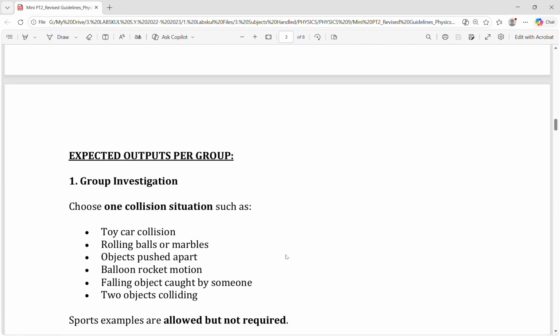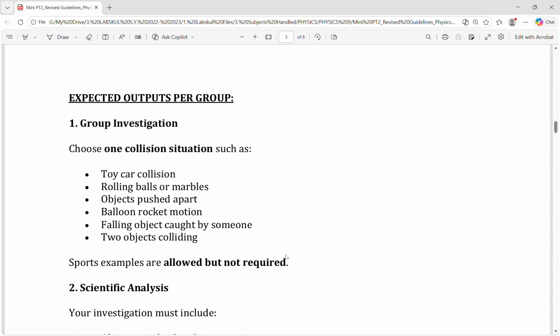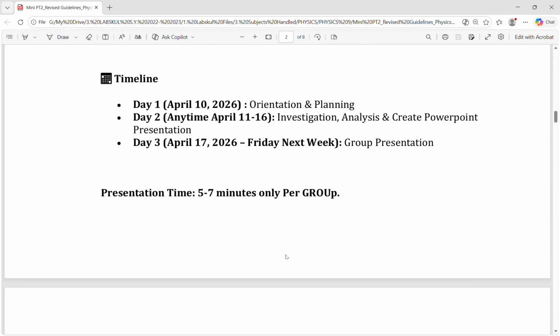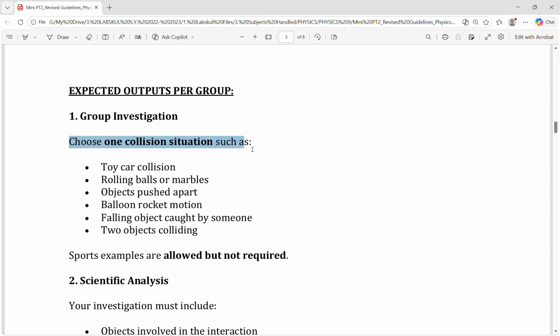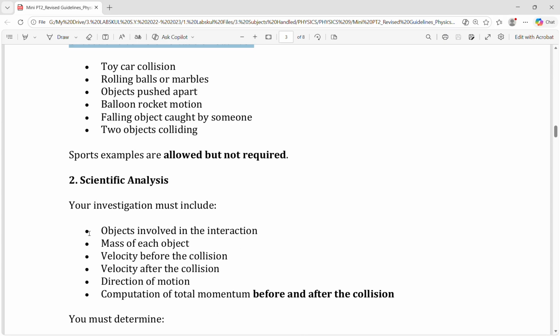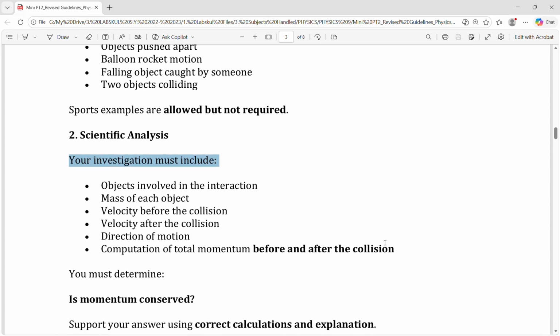Finally, this is the summary of expected outputs if all groups follow the 5-step process I gave. First, choose one collision situation. Then, after identifying it, provide the objects involved in the interaction, identify the given values, and solve for the values based on the formula given.